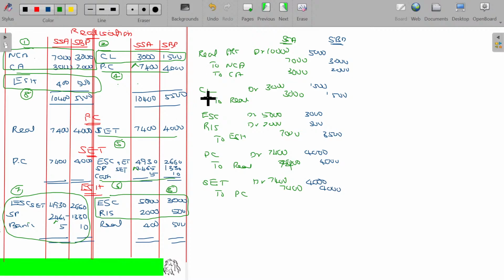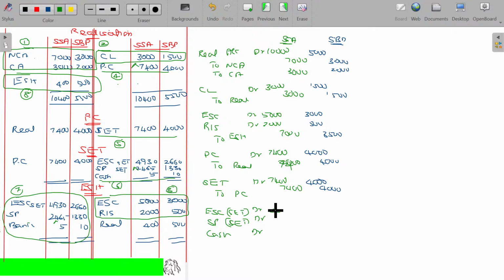Then sixth entry, the mode of settlement. Equity share capital of set, securities premium for set's share, and cash from the transferee company.